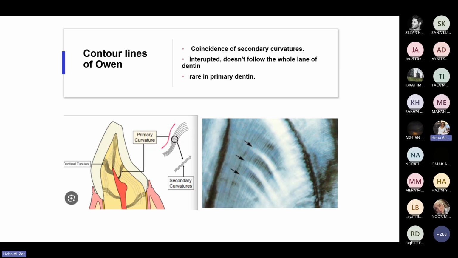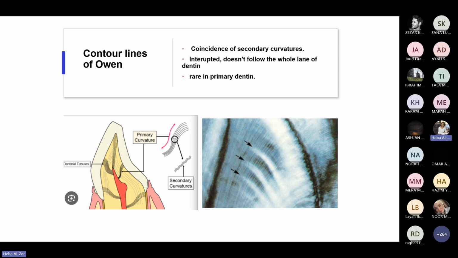So as you can see here, remember, the primary is S-shaped, and the small secondary curvatures, when they come together, they have these lines. So as you can see, the secondary curvatures coincide like this and make these lines.